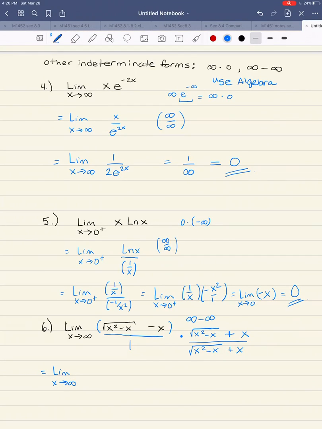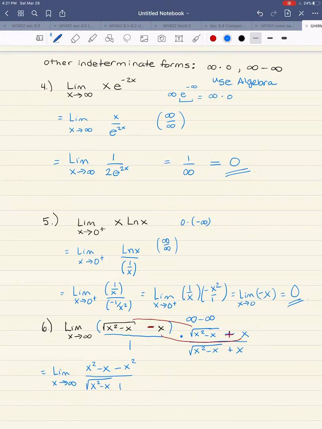Now that's going to give me a single fraction. When I multiply the two radicals together, I'm going to get x squared minus x. The inside terms, this times this and that times that, give us the same product but opposite in sign, so those are going to add out. And then finally the product of the minus x with the plus x gives me a minus x squared.